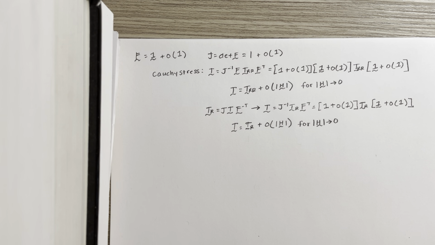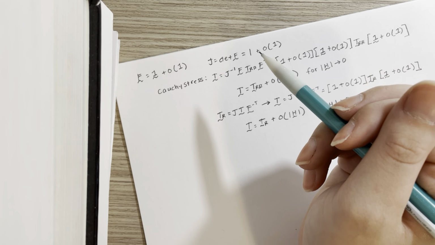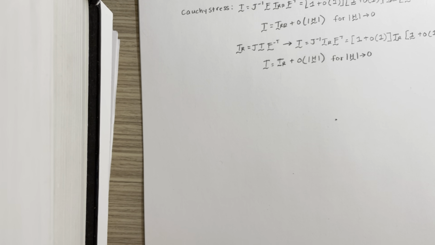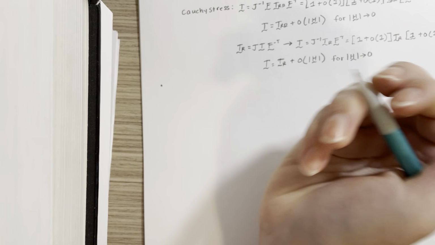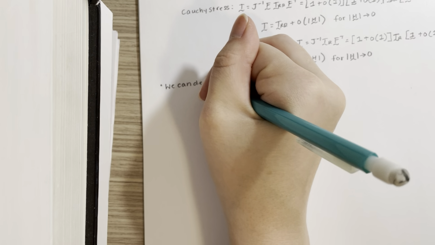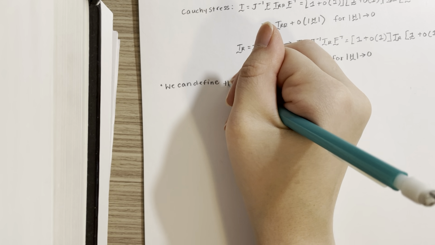Using our definition of the Jacobian for small deformations, we can also define the density and convectional body force.